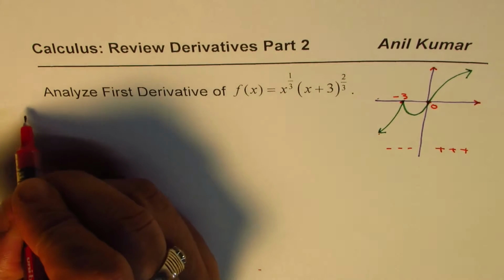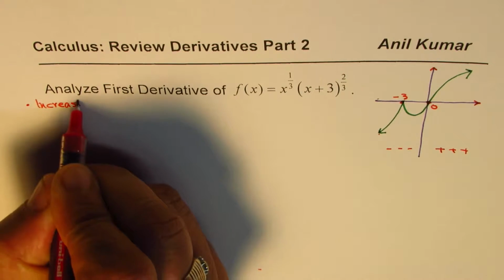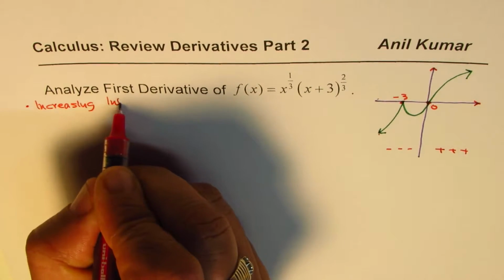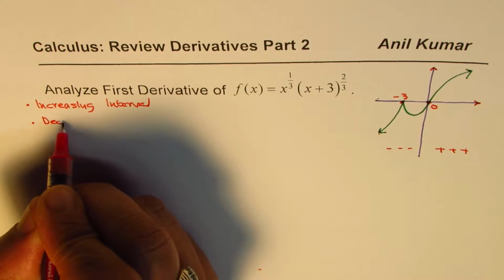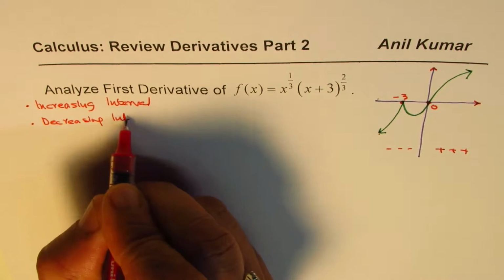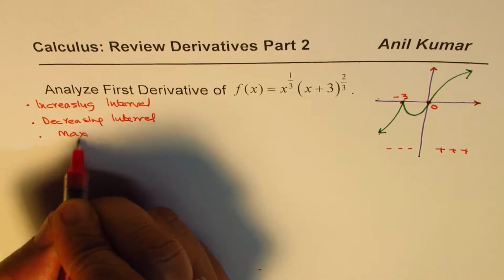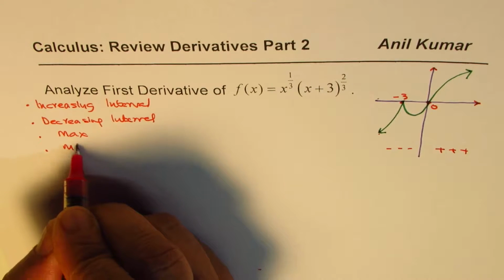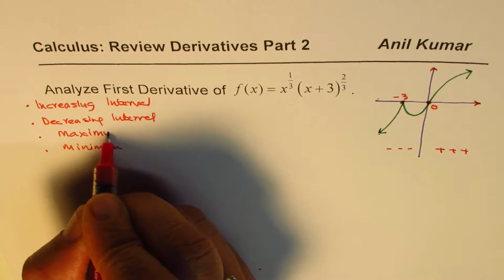As you know, we'll find the increasing interval, we'll find the decreasing interval, and we'll find the maximum and minimum value, right?